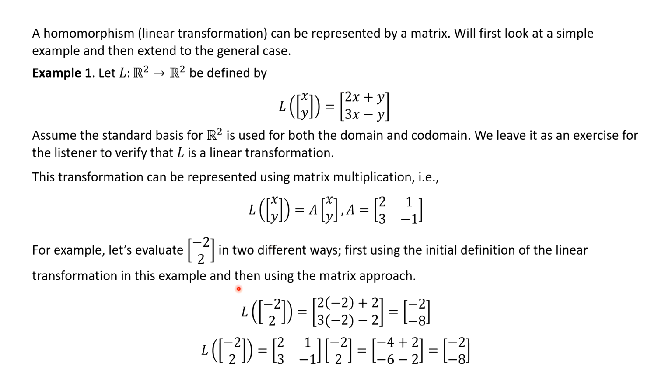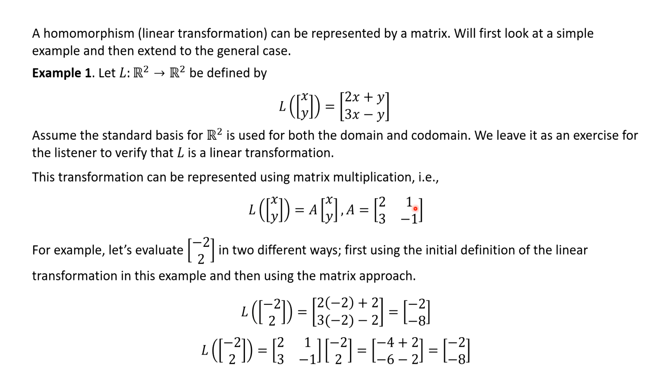Let's check to see if that actually works. We'll check by taking an example: (-2, 2), and compute it using the original definition and then using the matrix multiplication. If we plug -2 in for x and 2 in for y, we get -4 plus 2, which is -2, and -6 minus 2, which is -8.